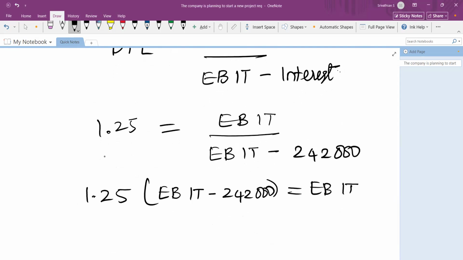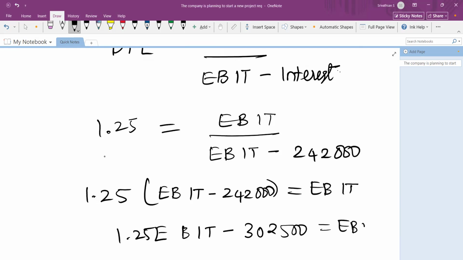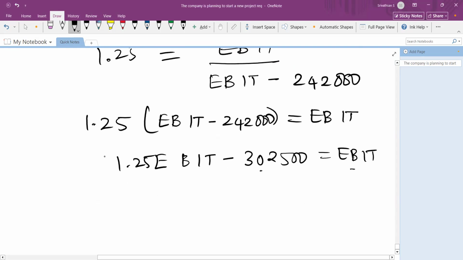Now, when you solve this equation, 1.25 into EBIT minus 2,42,000 into 1.25, we get 3,02,500 is equal to EBIT. Now let's bring this EBIT to this side and let's bring this 3,02,500 to the right hand side.